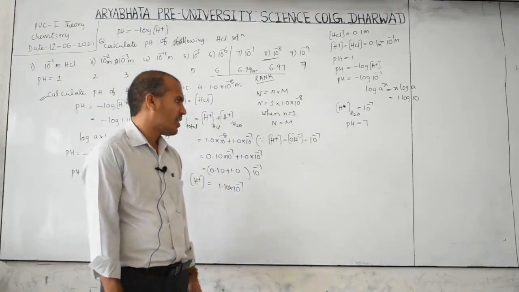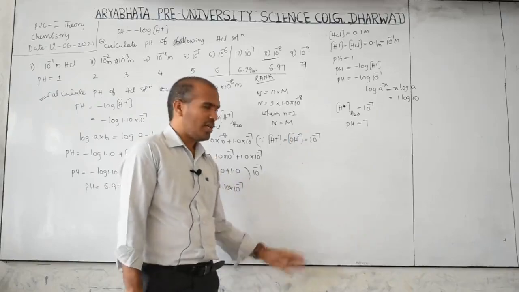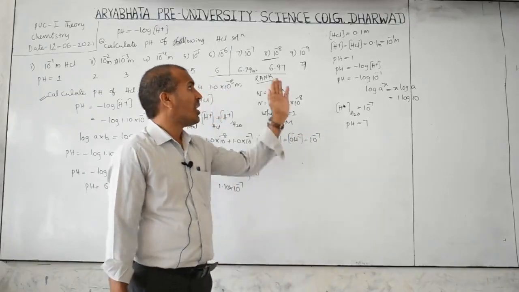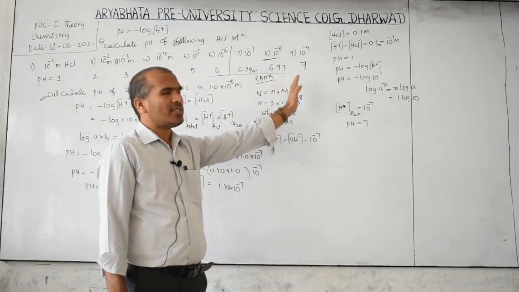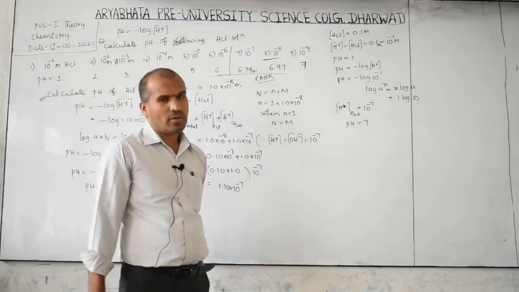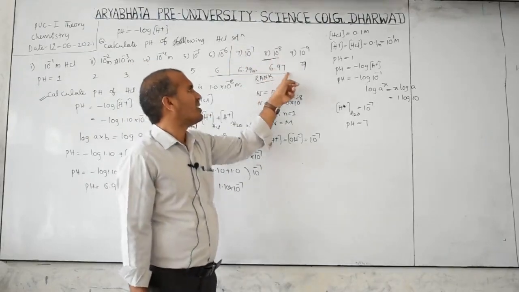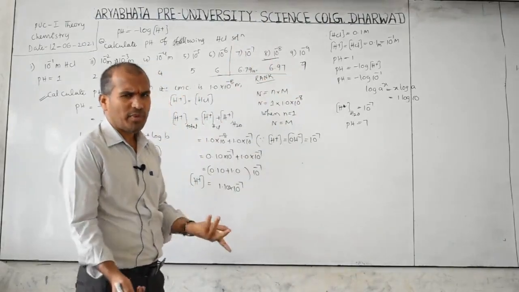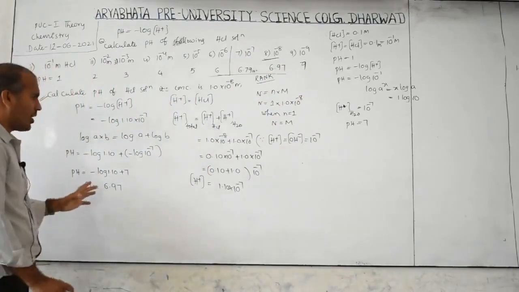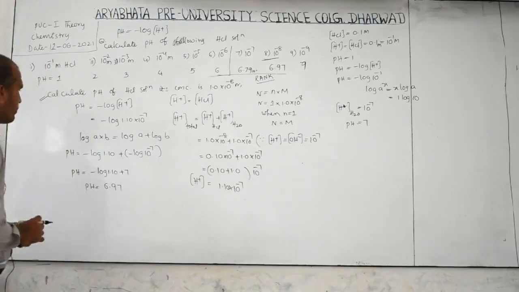So when the H plus concentration is 10 power minus 7, pH is 7 only. So for 10 power minus 9, minus 10, minus 11 and so on, the answer is 7 only. So remembering this is not that difficult. Directly fix it, easy. I hope you understood this.